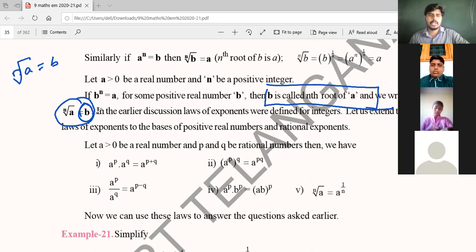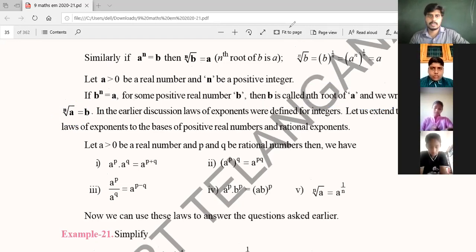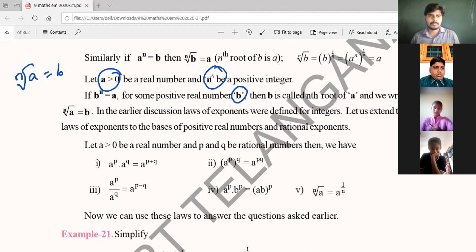Remember, b is a positive real number, and a is also positive, and n is a positive integer. So a and b are positive real numbers and n is a positive integer.